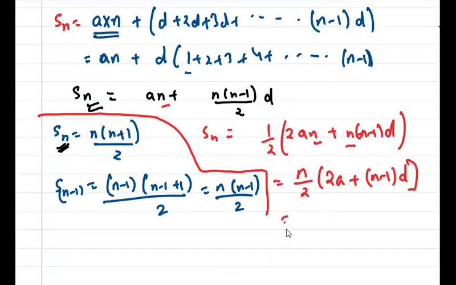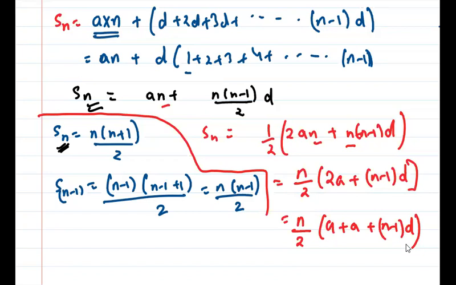Right? Now someone smarter than me will say, sir, you can write it in one more way. I'll ask how. So he'll say, see, 2a can be written as a plus a plus n minus 1 into d.